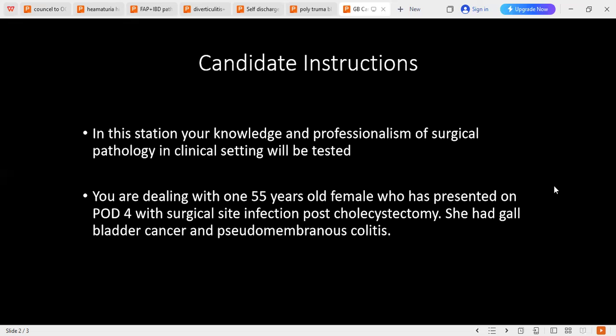Which antibiotics? Antibiotics after getting culture and sensitivity results, following the trust protocol and discussing with the microbiologists.